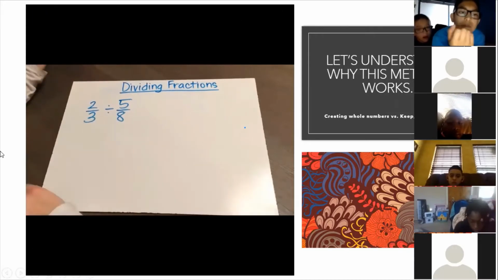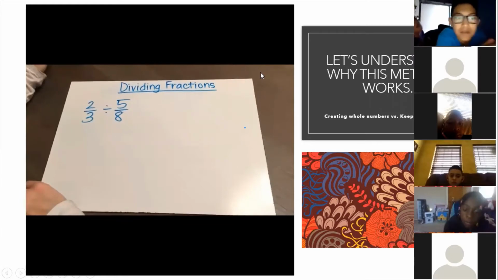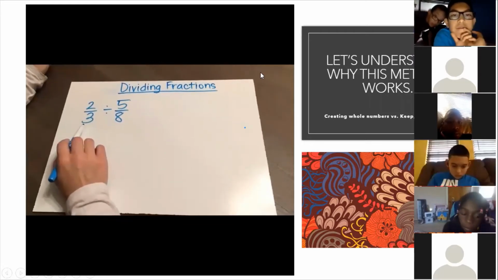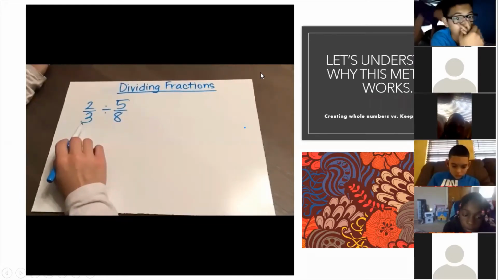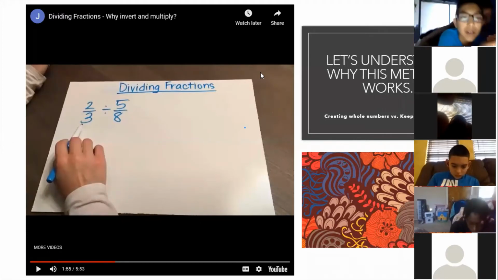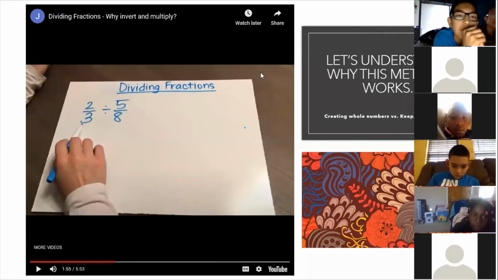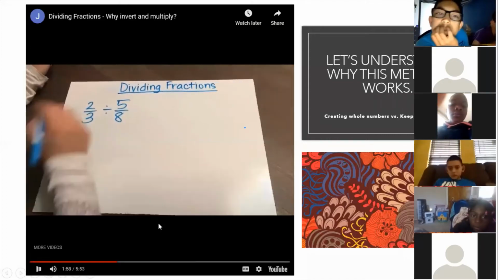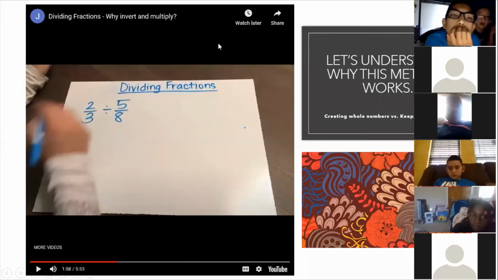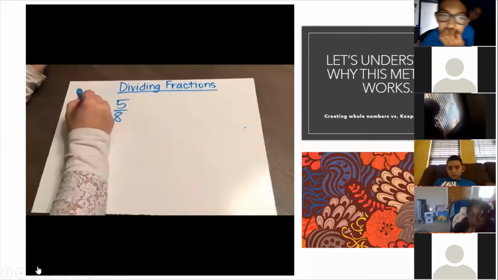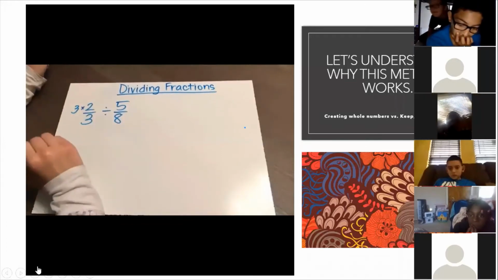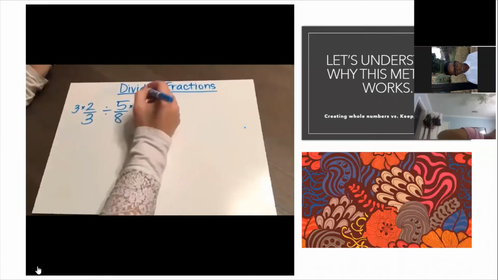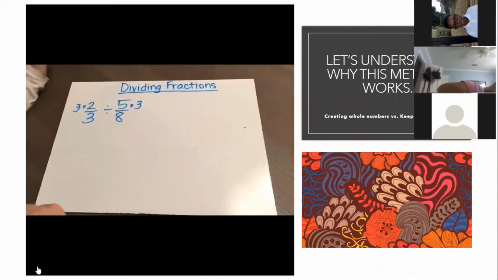By getting rid of these denominators. If we were to ask ourselves how to get rid of thirds, multiply everything by 3 to get rid of that denominator of thirds. So we would want to multiply by 3, and we would also have to multiply our other fraction by 3 to keep it balanced in the equation.